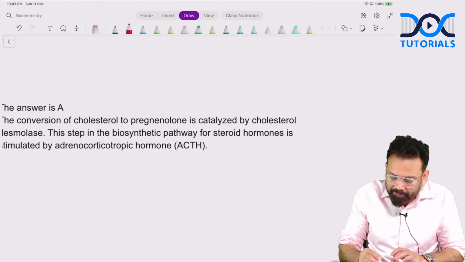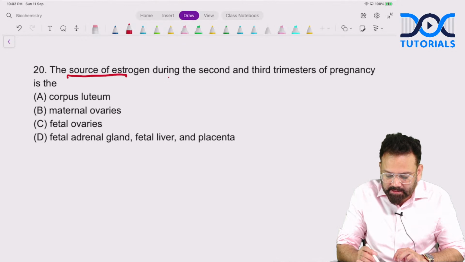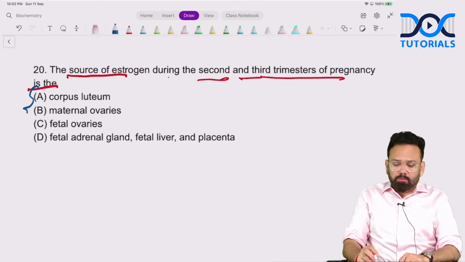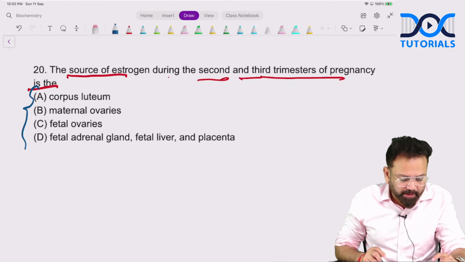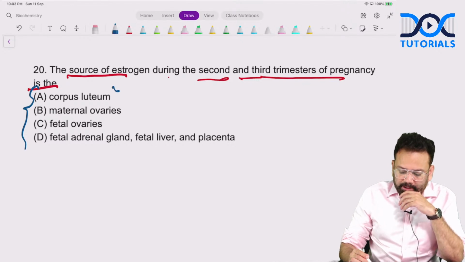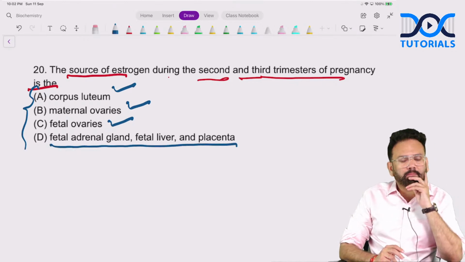The source of estrogen during the second and third trimester of pregnancy is: corpus luteum, maternal ovaries, fetal ovaries, fetal adrenal gland or liver, and placenta.